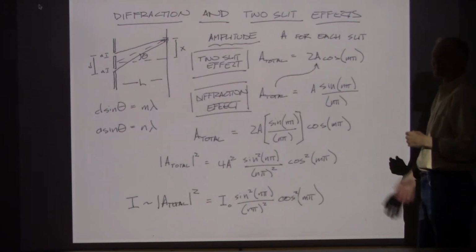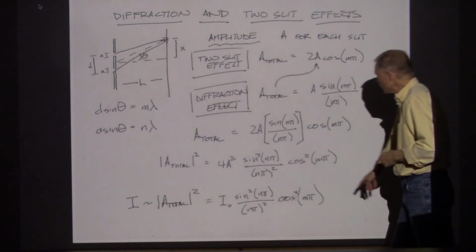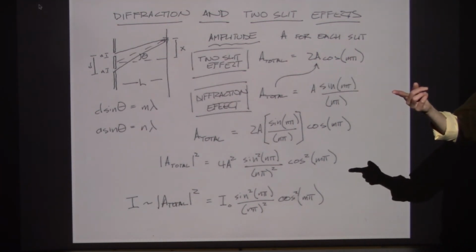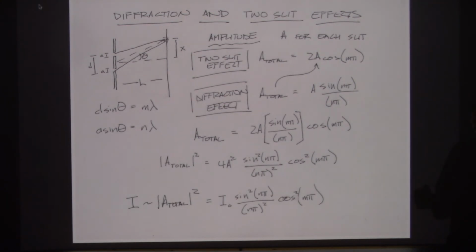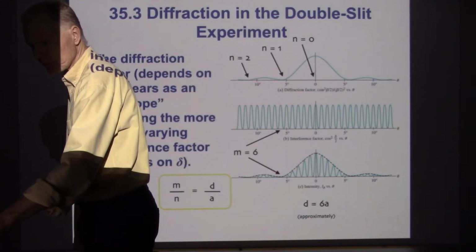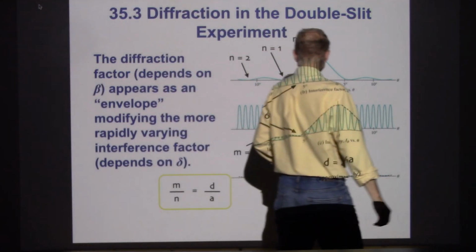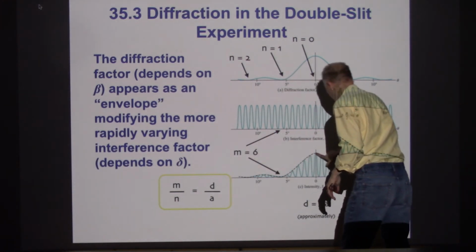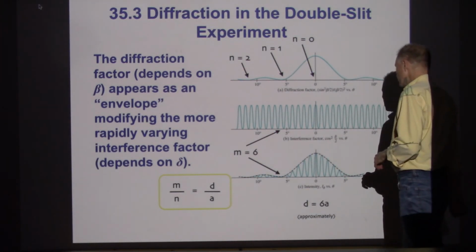So that factor is something between 0 and 1. The cosine squared factor also can go as high as 1 and as low as 0. So what that says is when I multiply these together, the two-slit effect can't rise higher than the diffraction formula itself.